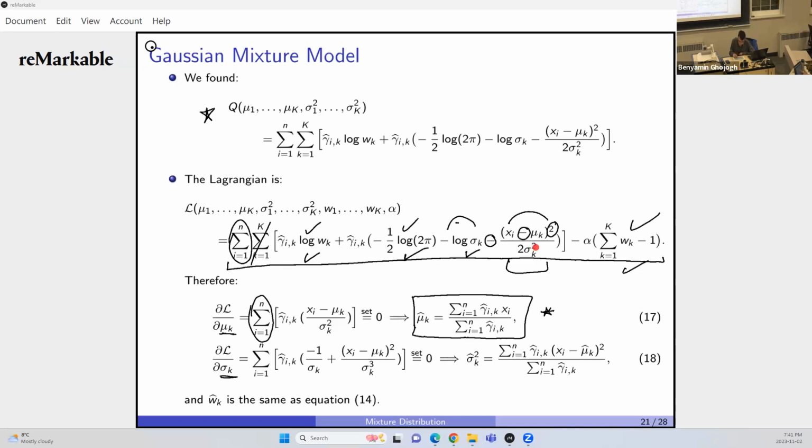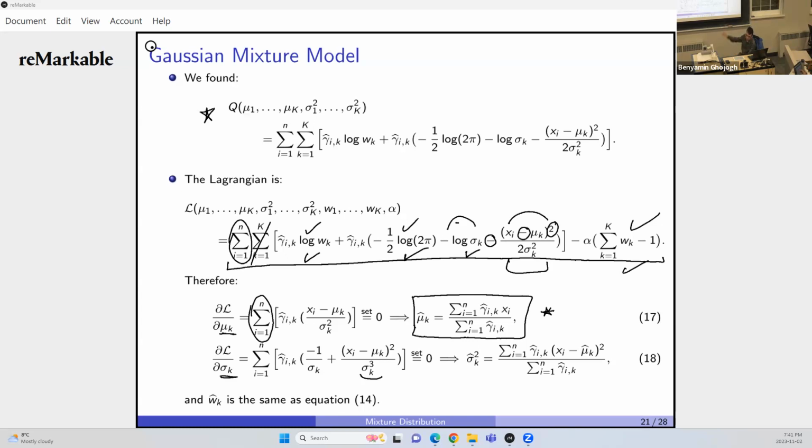Also, you have quadratic sigma in the denominator, so it becomes cubed sigma in the denominator, right? Agreed? 1 over x squared becomes x to the power of -2, for example. Then the derivative becomes -2x to the power of -3, something like that, right? So this, and set it to 0.